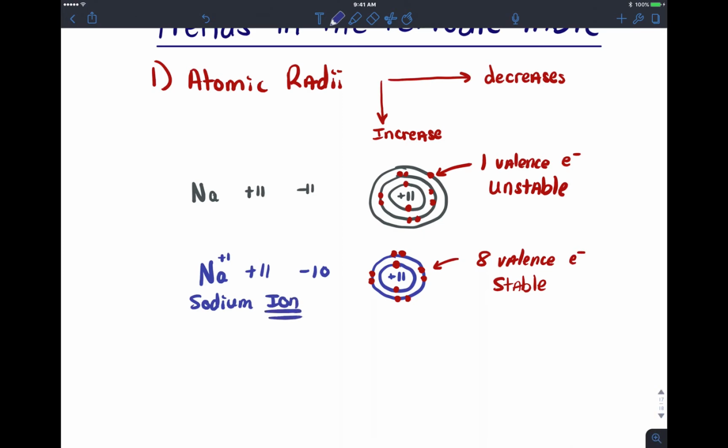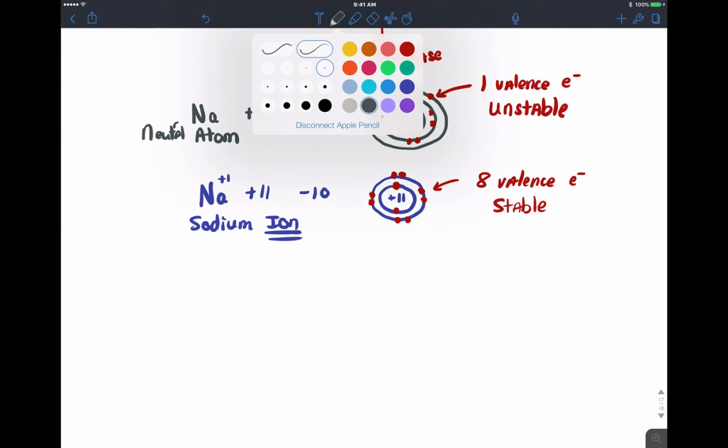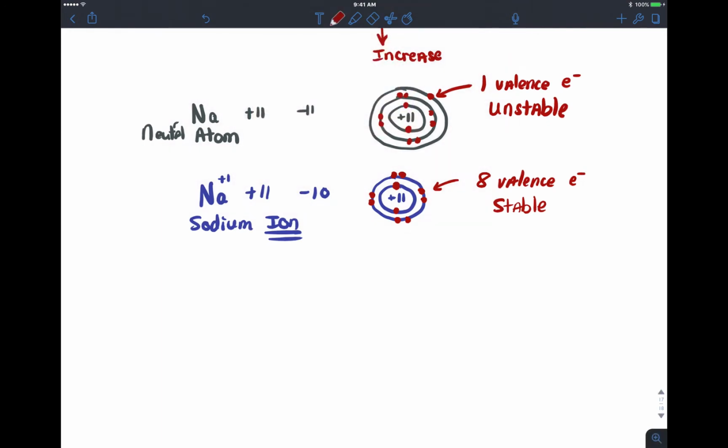What's the difference between the first drawing there and the second? In the first one, we had just a neutral atom. We had that neutral atom. And in the bottom one, we have a sodium ion. All right. So you formed an ion by removing an electron, and that is looking at the second trend on our periodic table.